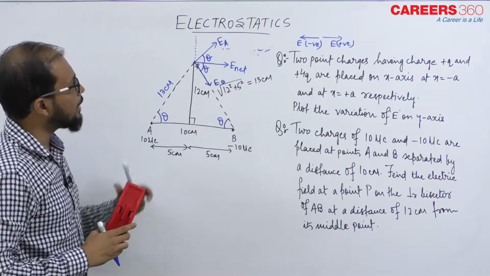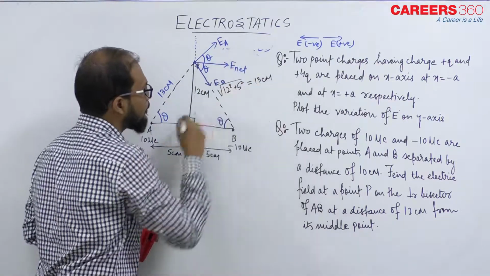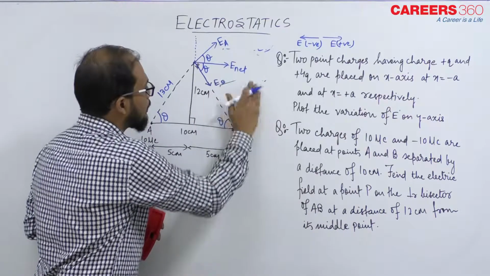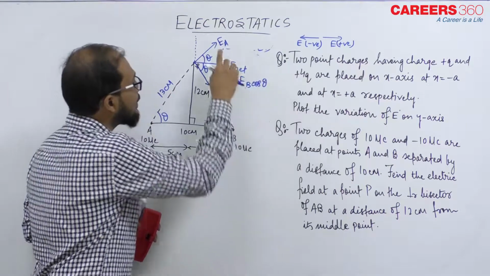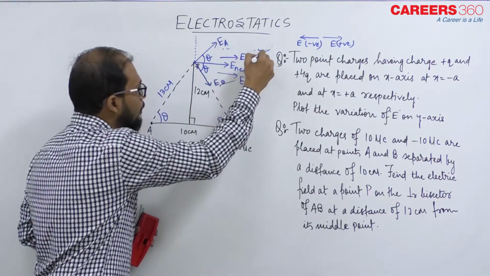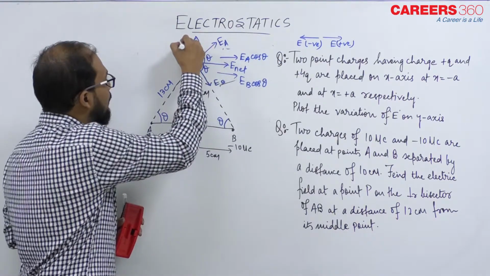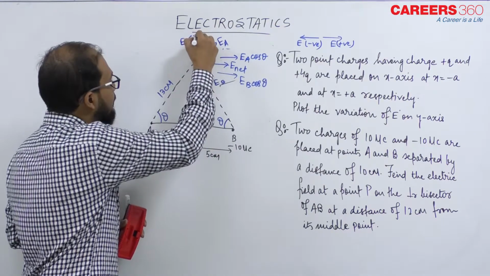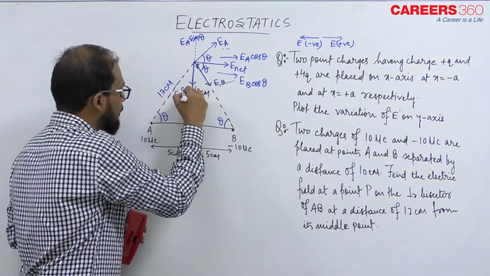And if we take the components of EA and EB, in this direction it will be EB cos theta, and the component of EA will be EA cos theta. And in this direction, it will have a component of EA sin theta, and in this direction, a component of EB sin theta.